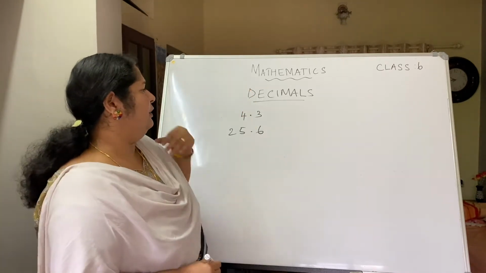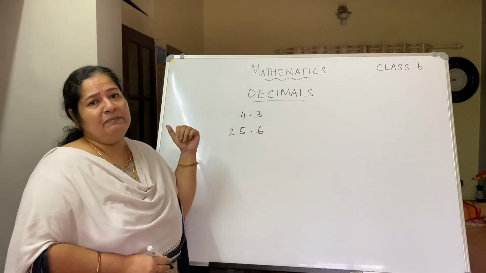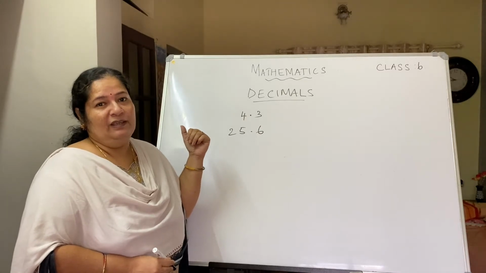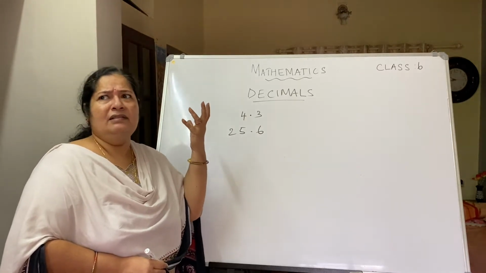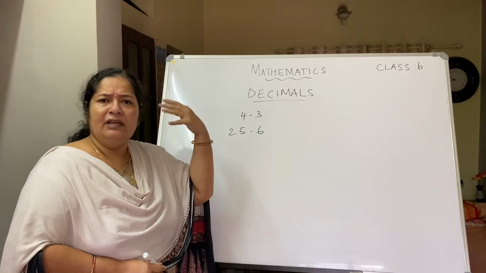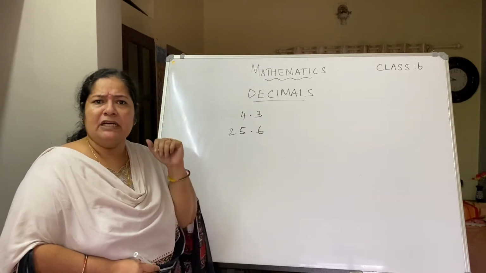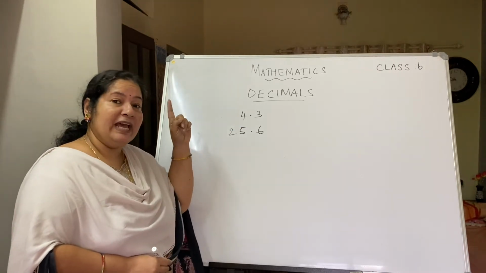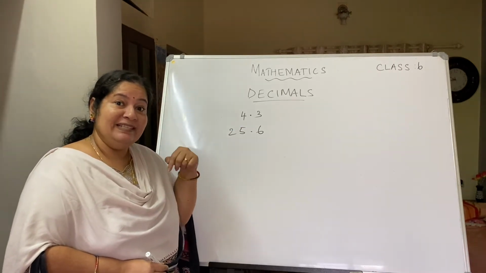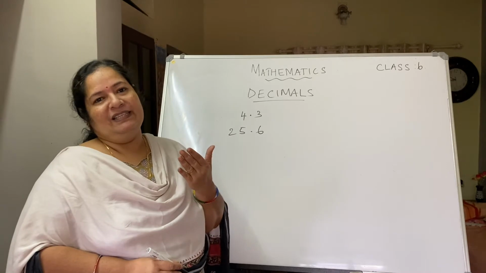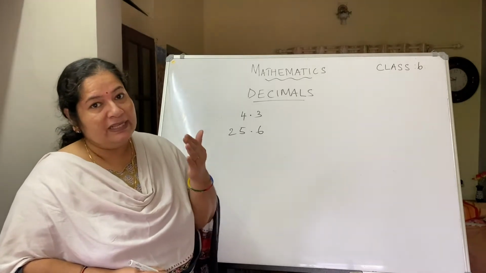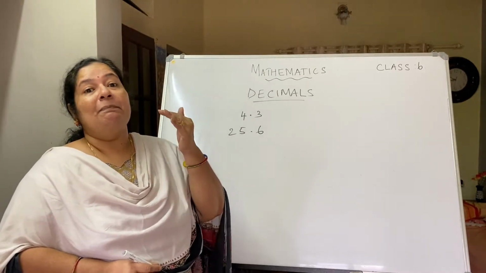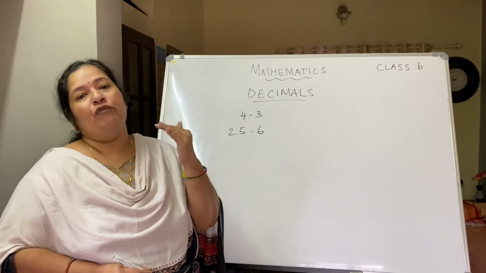Now when you look into this decimal, something comes to your mind. This is somewhat like how we have written whole numbers. Yes, this also has places and place values. Decimal numbers also have places and their values.